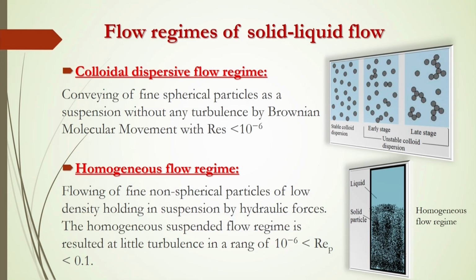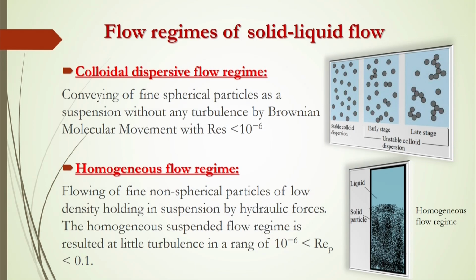In the homogeneous flow regime, you will get flowing of fine non-spherical particles of low density that hold suspension by hydraulic forces. This homogeneous suspended flow regime results from a little turbulence in a Reynolds number range of 10 to the power minus 6 to 0.1.